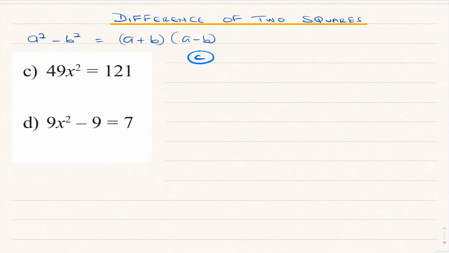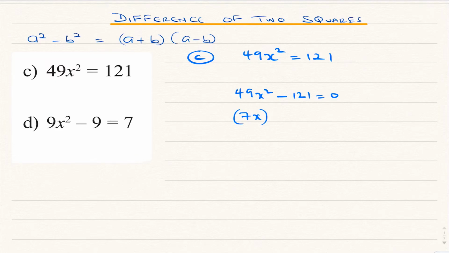C. 49x squared equals 121. Therefore, 49x squared minus 121 equal to 0. Take away 121 from both sides. And that will be 7x squared minus 11 squared equals 0.